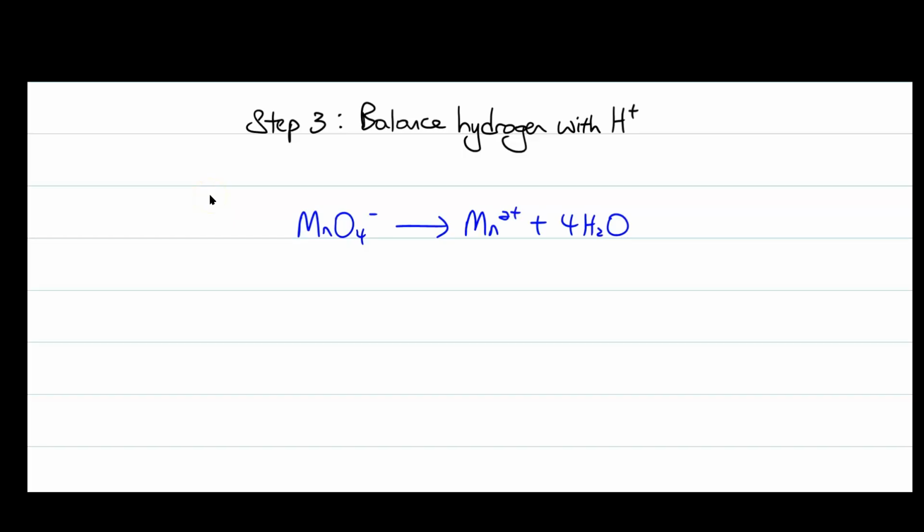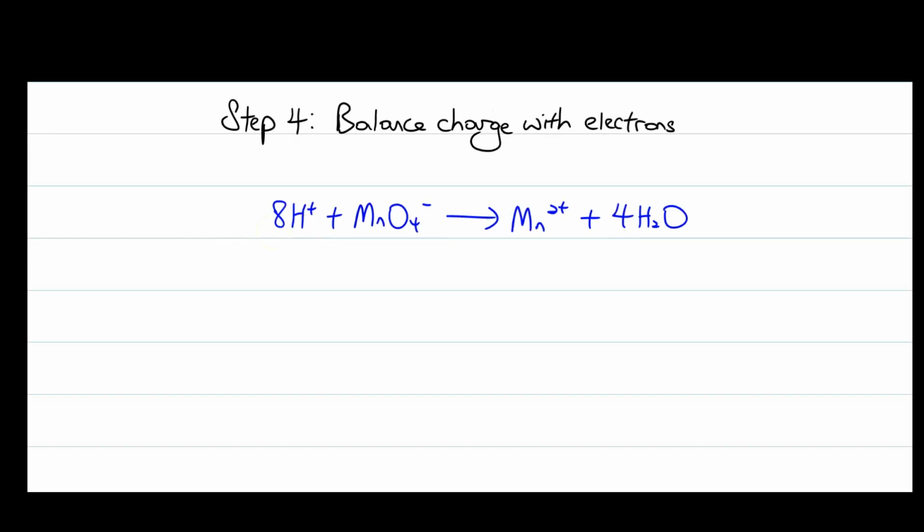Now, look at hydrogen. On the right, 4 water molecules contain 8 hydrogen atoms altogether. Since we are in acidic solution, we balance hydrogen using hydrogen ions. So, I add 8 hydrogen ions to the left. Now we balance charge.